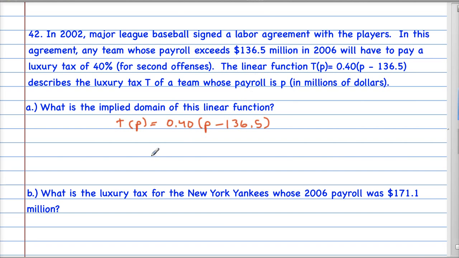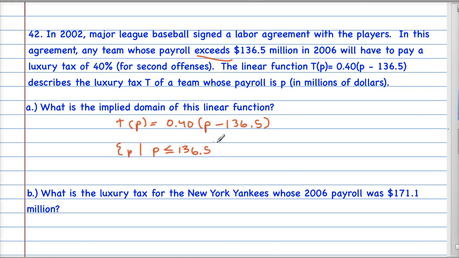So here, my implied domain are all p-values that are less than or equal to 136.5. Remember, p is representing millions of dollars. So it could be equal. It's when it exceeds this number here that the luxury tax kicks in, and that's when we would use this function.